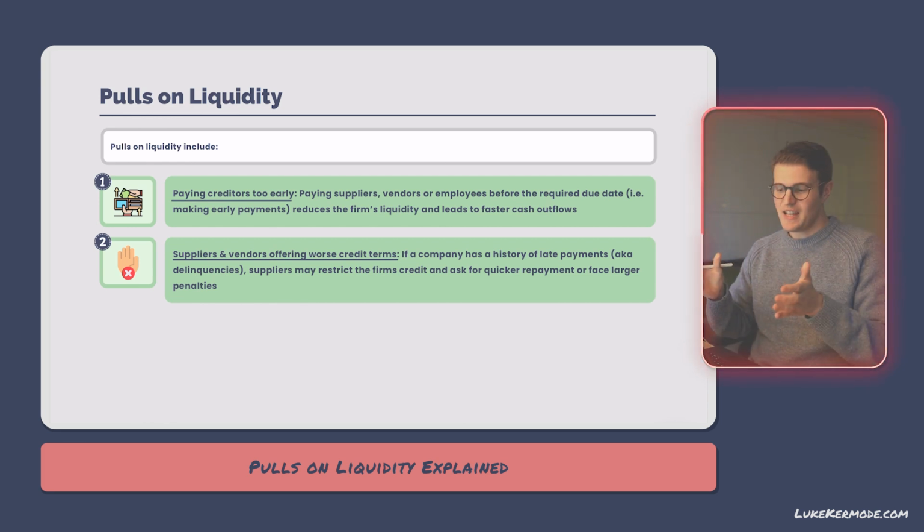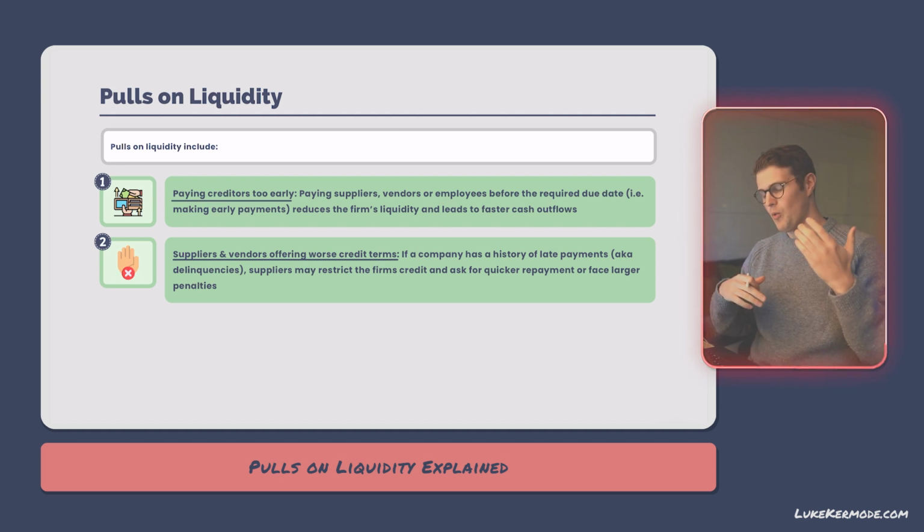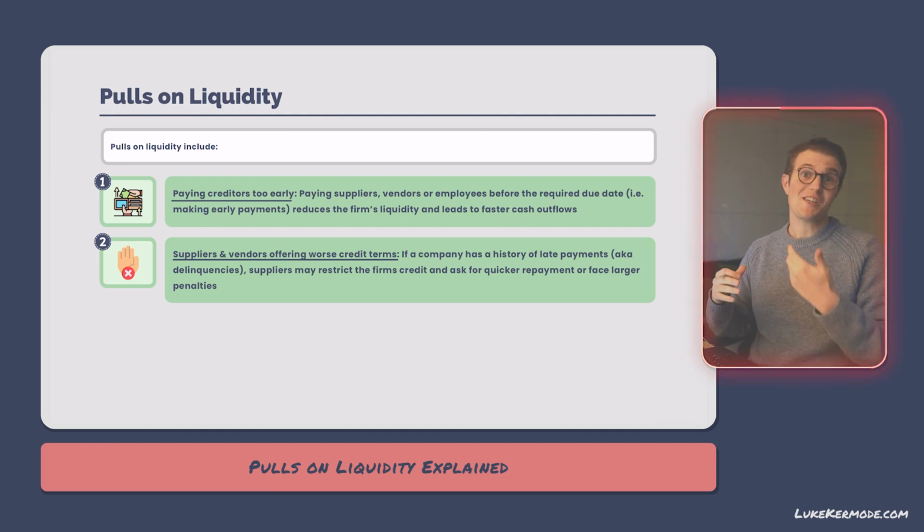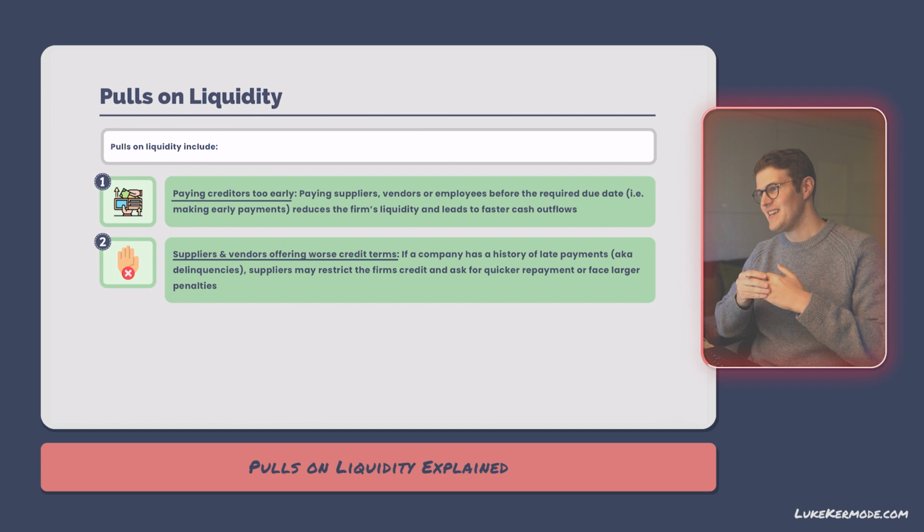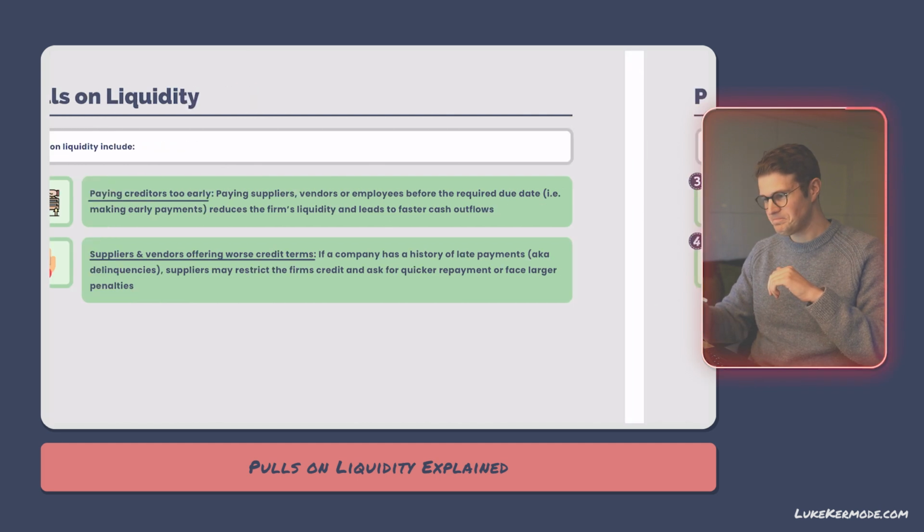And again, this is a pull on liquidity, because it means that the company will have to use more of its own cash to fund its short-term liabilities, as opposed to using funding from suppliers or vendors, and this will reduce the company's liquidity position.